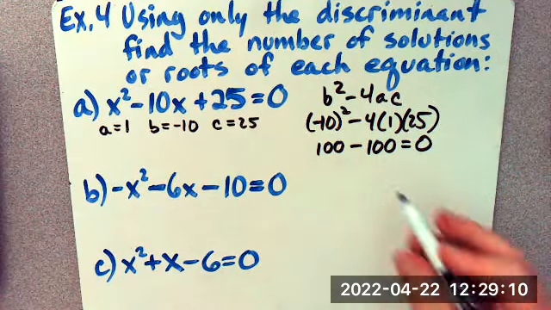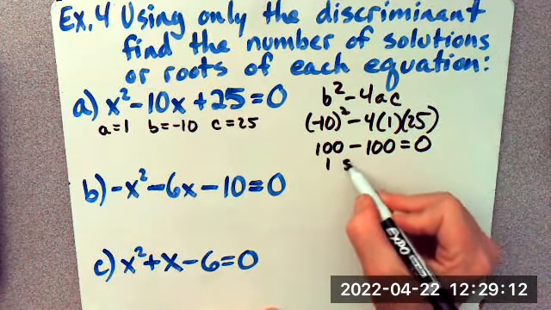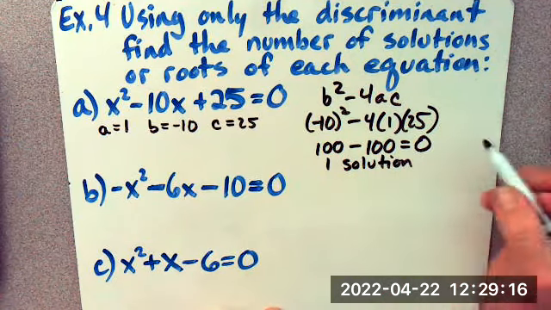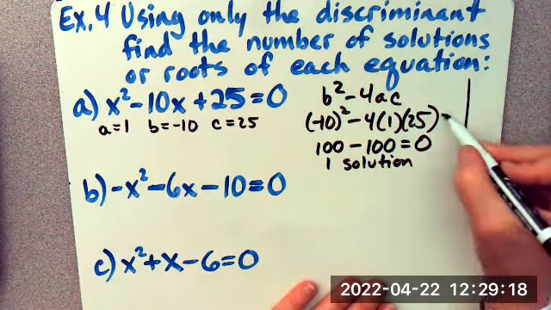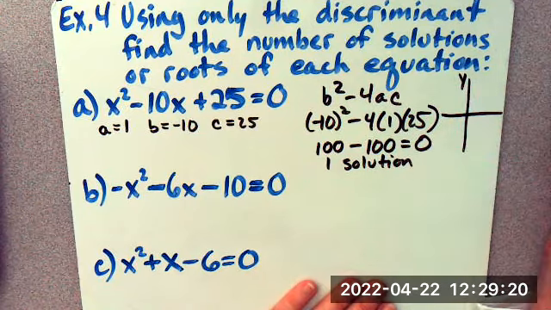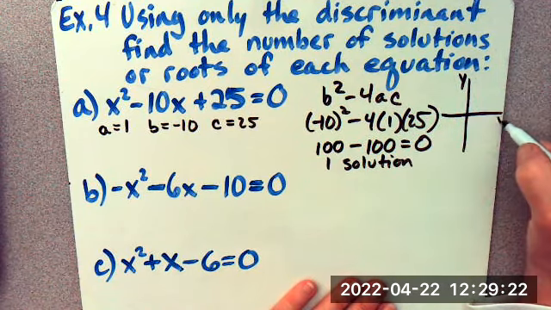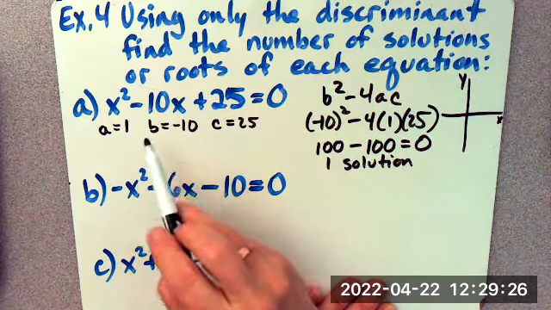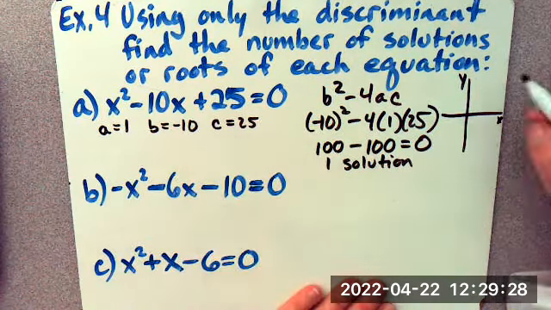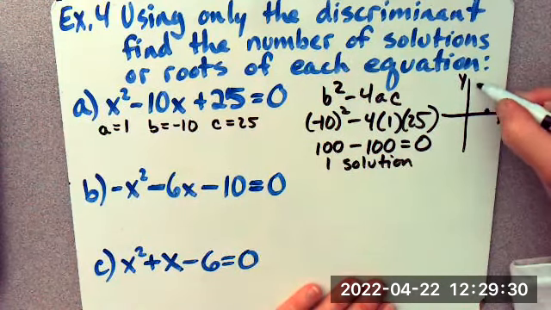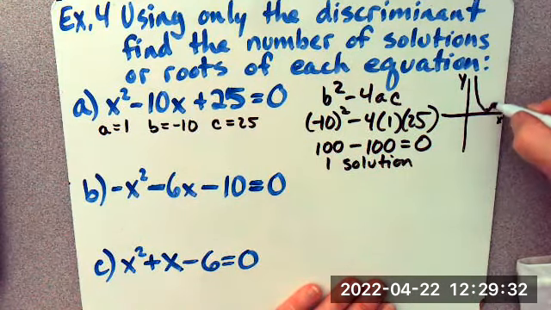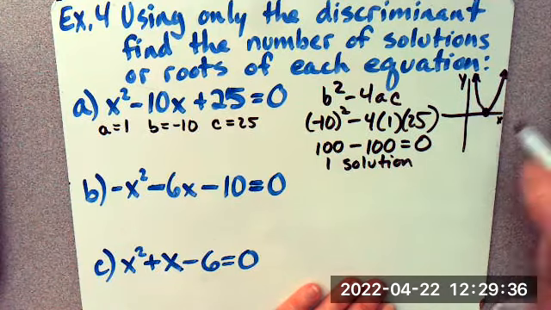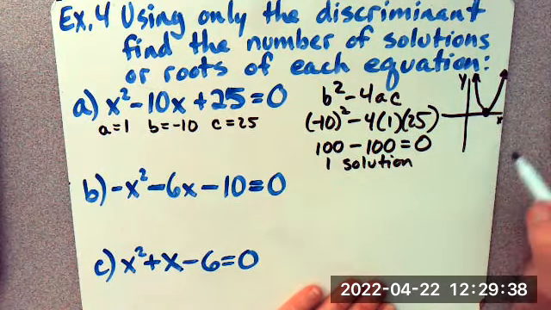So that means we have one solution. So if we're looking at this parabola, and this is not going to be drawn, this is x minus 5 squared. So it's going to hit right here at 5. So the parabola is going to look like this, where it just hits in one place on the x-axis.